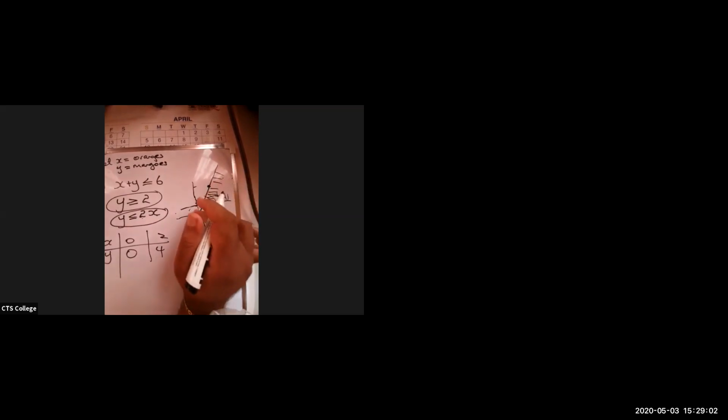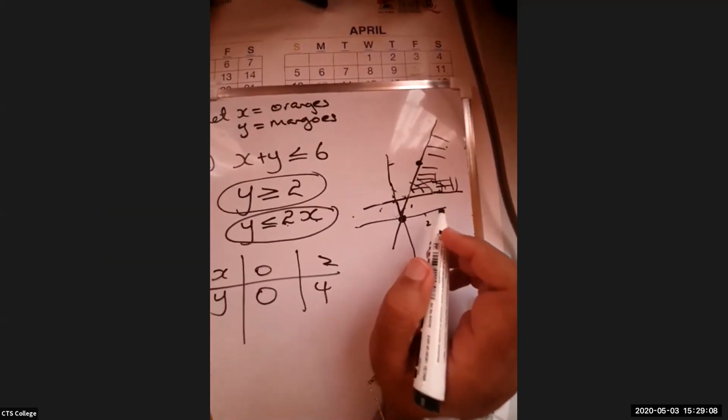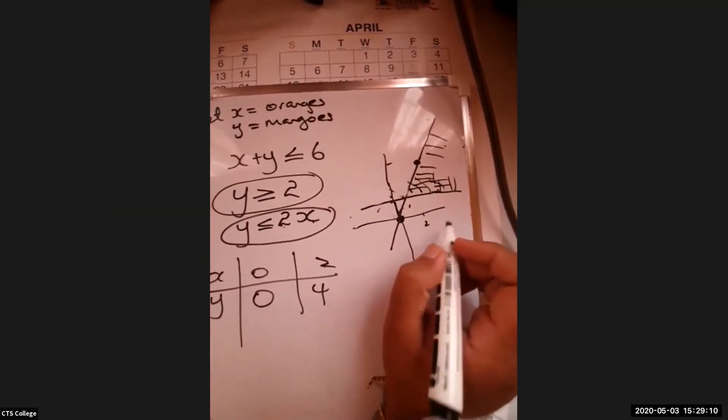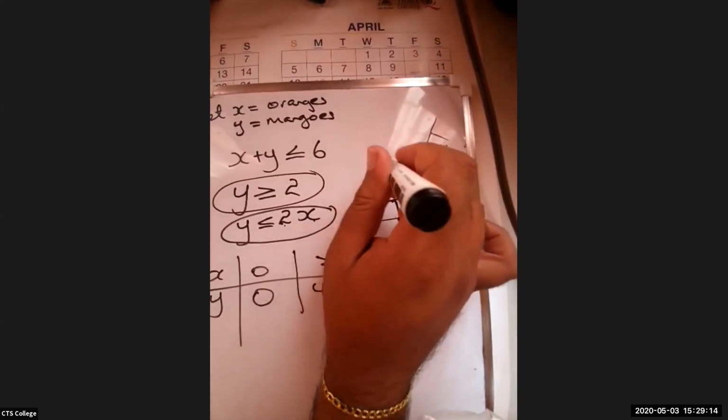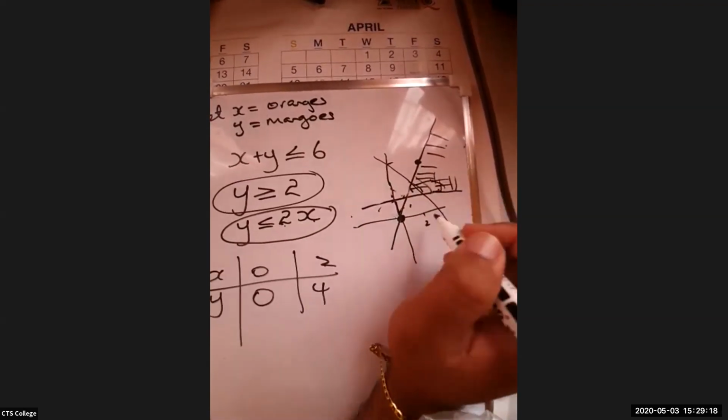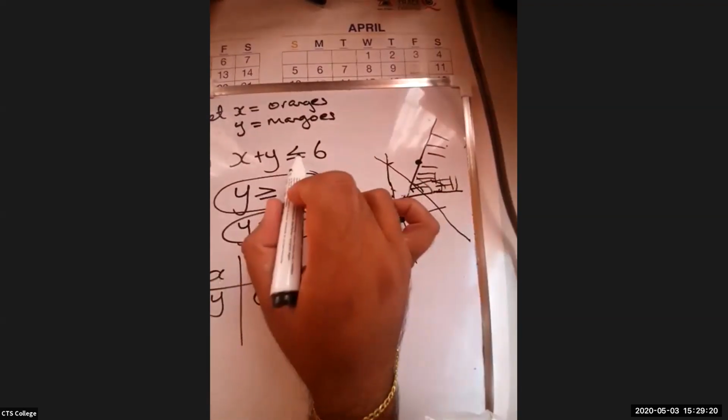Actually, no, I'm doing it wrong. Sorry. When X is 5, Y is 1. So this line will come down somewhere around here. I'm just sketching it, right? If we were to draw it, and obviously it's the less than region.